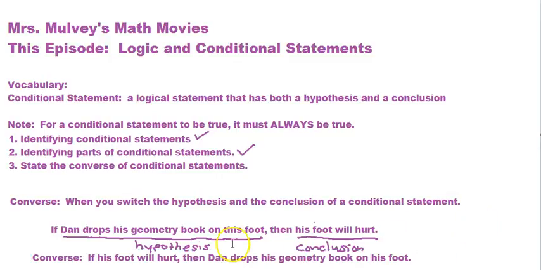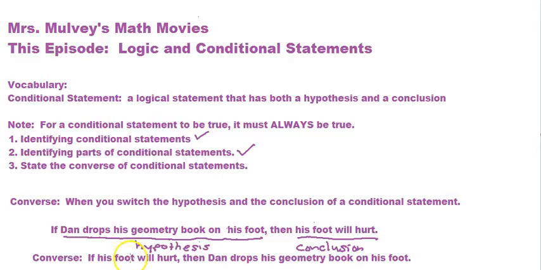So when I switch the hypothesis and the conclusion, now the new hypothesis is that his foot will hurt, and the new conclusion is Dan drops his geometry book on his foot. Now, like I said, that wording can get awkward. It's okay to change the wording a bit to have it make grammatical sense as long as you don't change the meaning.